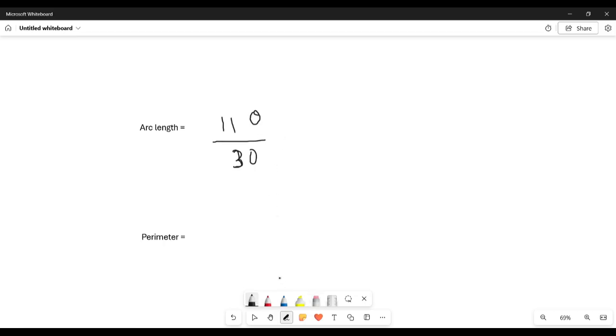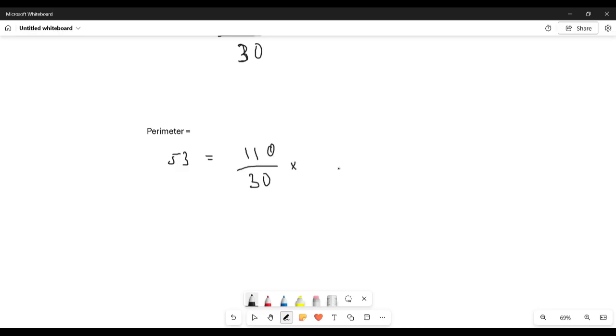But the perimeter is changed, right? What is the perimeter? It is 53. So we just have to substitute. 53 equals 11 theta over 30 plus twice the radius. That is what? 42. So why do I always keep putting multiply here? It's plus. Okay. Right, now that's done. Now do the same way.